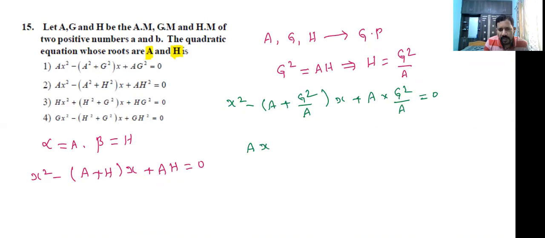Finally, you will get AX square minus (A square plus G square) into x plus AG square, that is equal to 0. This is one answer. See the options. This type of option is there. Yes, we have the first option. So first option, correct.